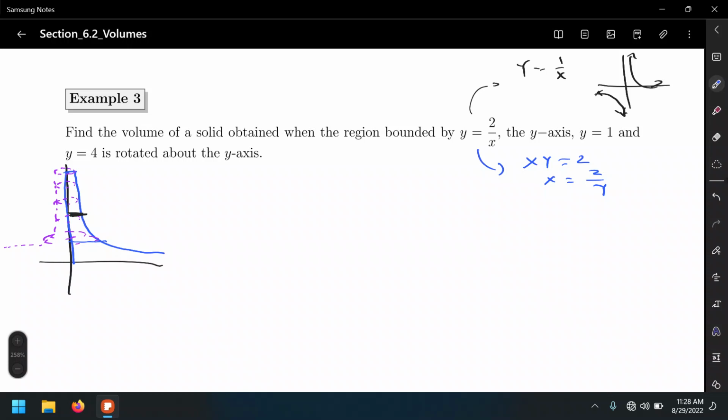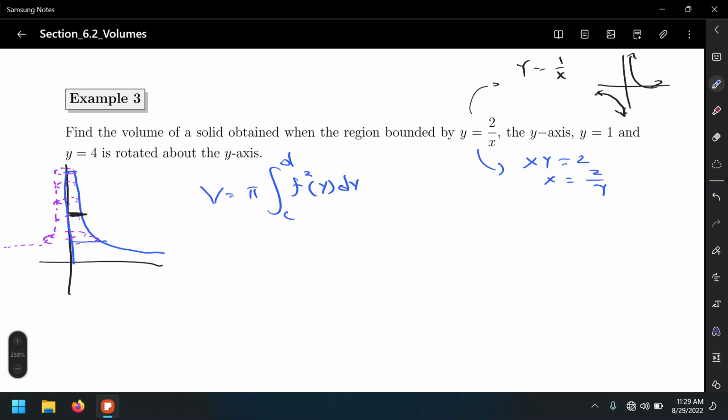So volume, which is pi integral, in this case not from a to b. In the same way that we did it for areas, when we use functions of y, we change the limits of integration from a to b to c to d. And this will be r of y with respect to y, which in this case, let's just call it f of y.